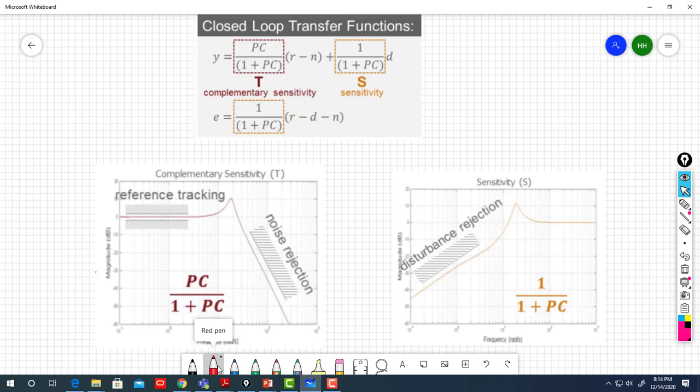That's why you desire your 1 over 1 plus PC to look like this, because in this way you are attenuating the disturbance, you are rejecting the disturbance. So now you have two goals. You need your complementary sensitivity to look like this to track your reference and reject your noise, and you desire to shape your 1 over 1 plus PC this way, because you want to reject the disturbance at low frequency.